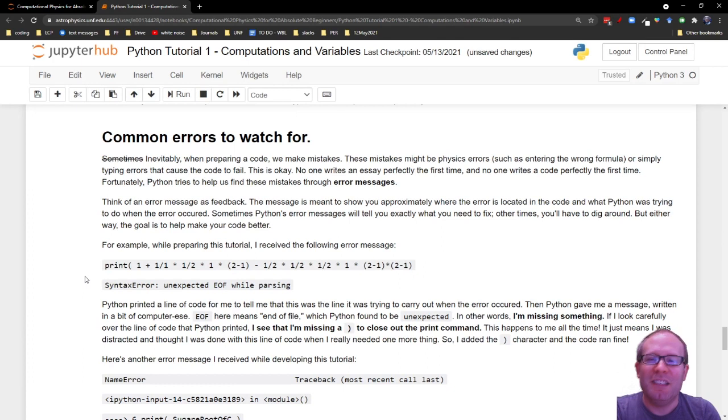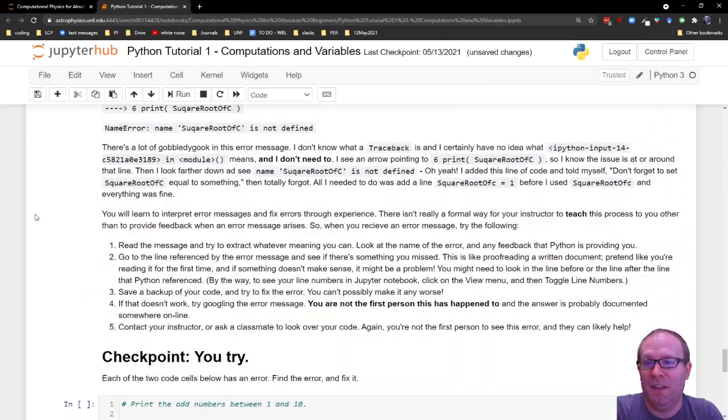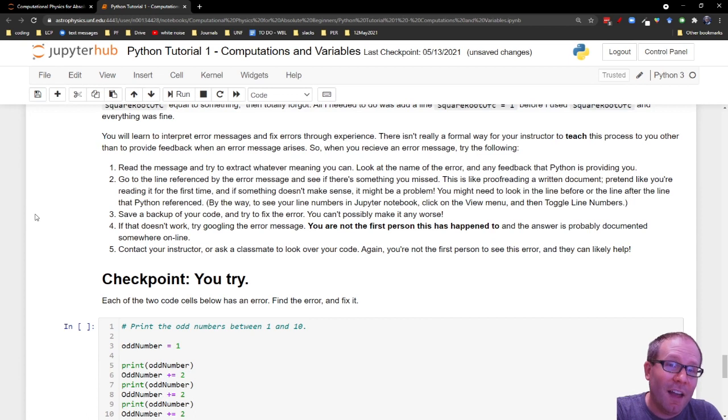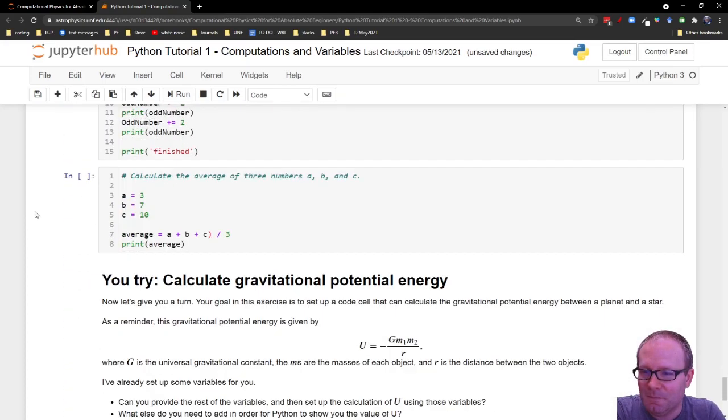And so this section here just walks you through the process of learning how to read error messages, learning how to fix them, and frankly, learning how to ask for help with them. So you can always search online for an error. You can always ask your instructor or your classmates. I guarantee you, you're not the first person to see an error that comes across your screen.